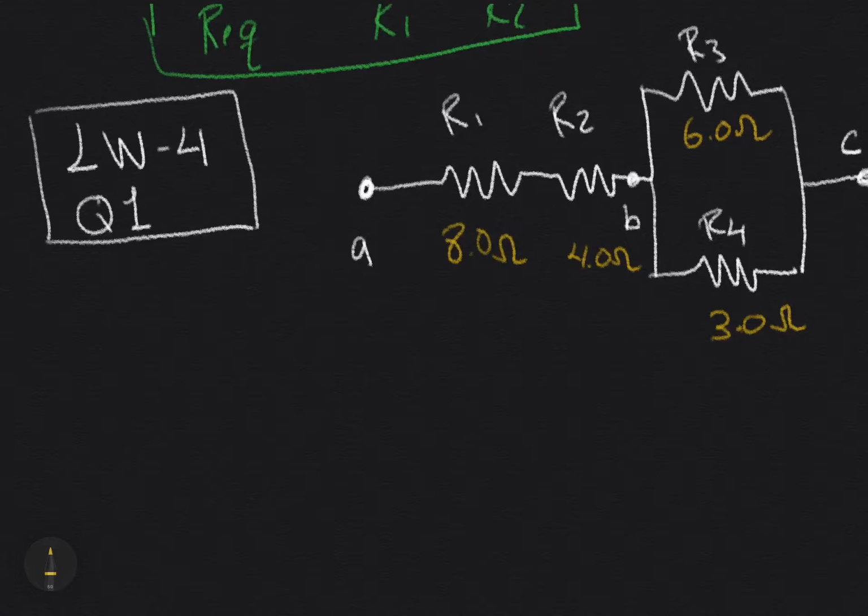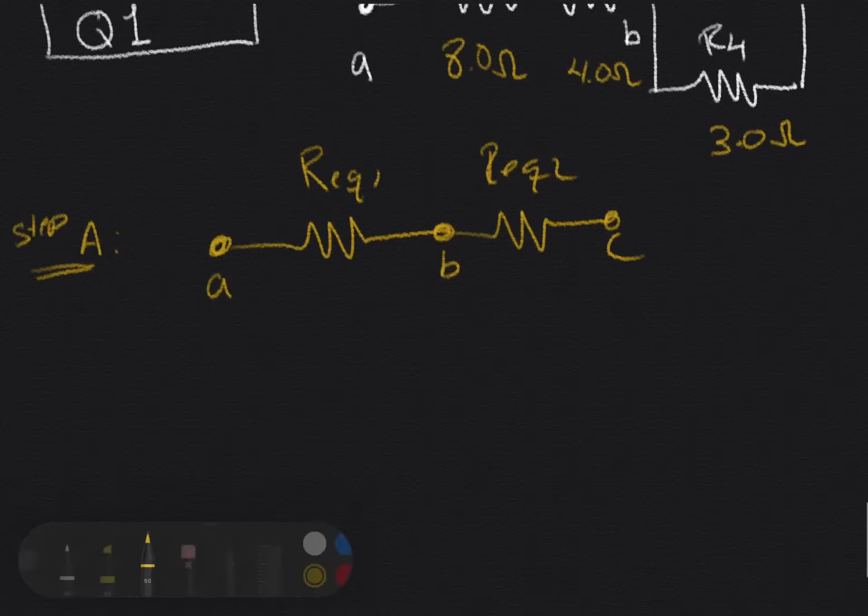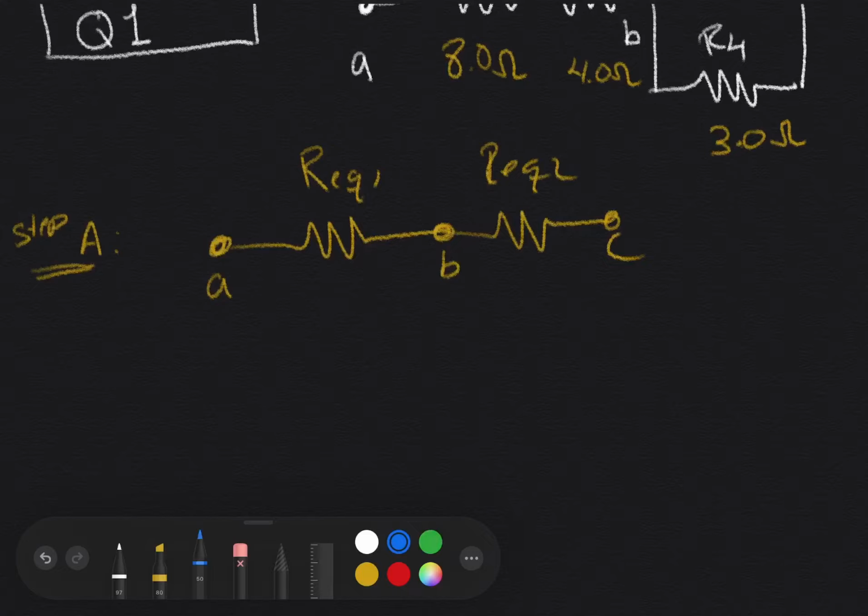Let's first combine these as if I have two equivalent circuits. I want to convert the circuit to have A, one equivalent resistor, then B, another equivalent resistor, and then C. I'll call these R equivalent 1 and R equivalent 2.